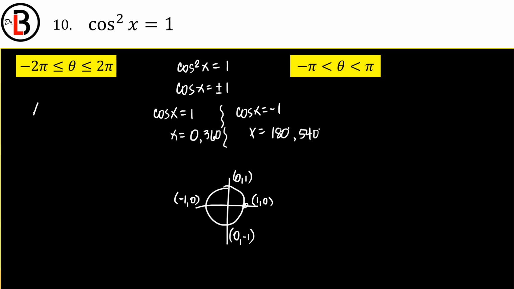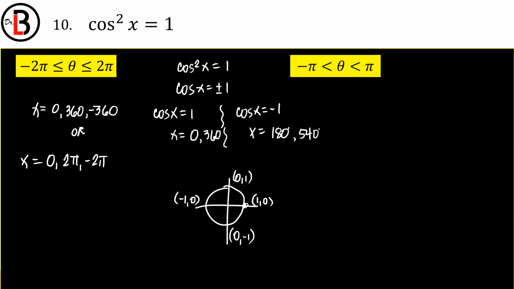So I can say that my answers here are 0, 360, and then negative 360, or if it's in terms of pi, 0, 2 pi, negative 2 pi would satisfy the given condition.